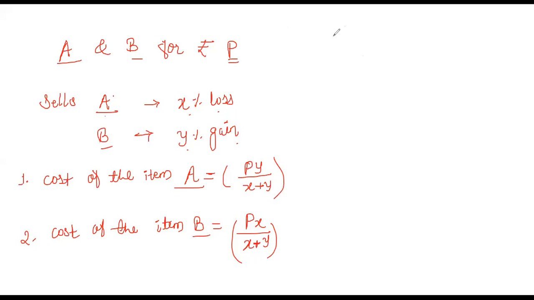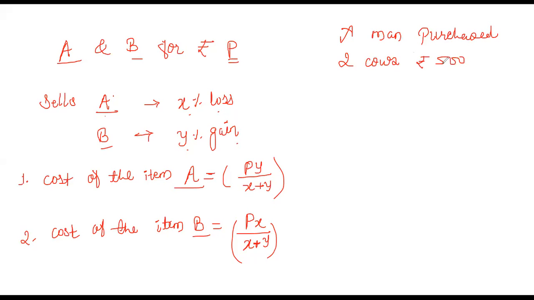Now solving one example. A man purchased 2 cows for rupees 500.